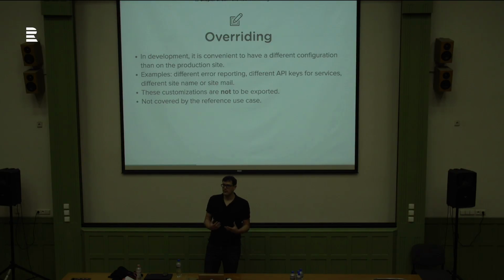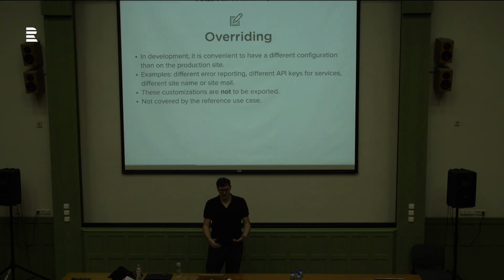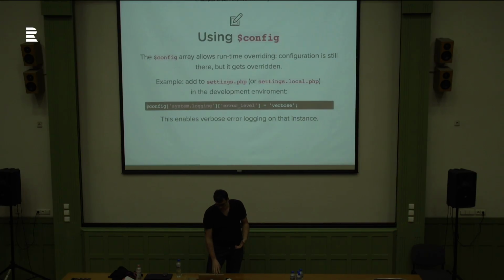When you override things, the overrides are not exported into the configuration. They're runtime overrides, and you put them in the config variable in settings.php, or anything else that you include, like settings.local.php.